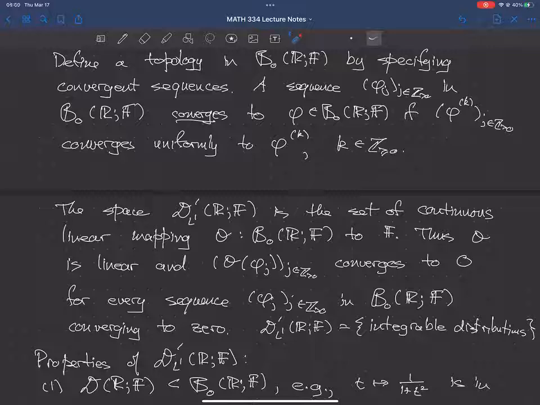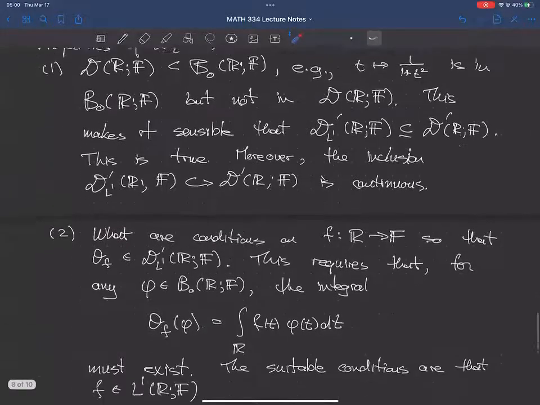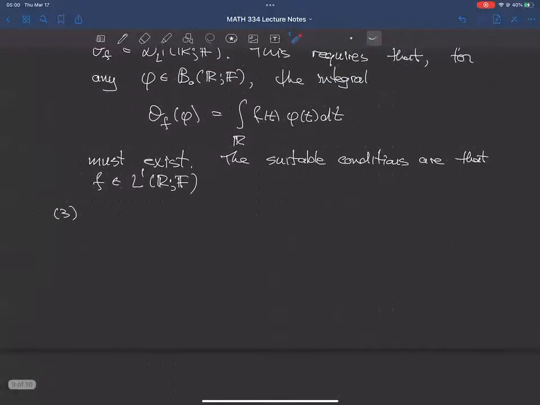Now what we're going to say is that to characterize something which is in D prime L1, we can restrict our converging sequences to a very special class of converging sequences. And these are what I'm going to call special approximate units. So let me tell you what those are. These are going to be functions that converge to 1, the function 1 defined on all of R, in a certain sort of way.